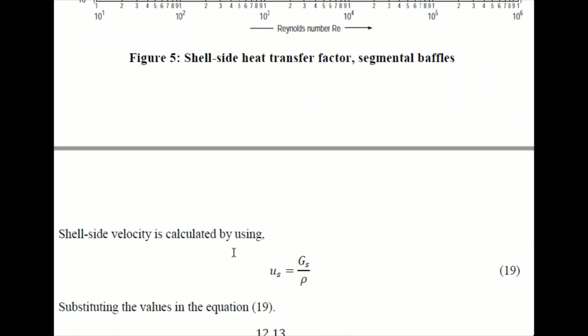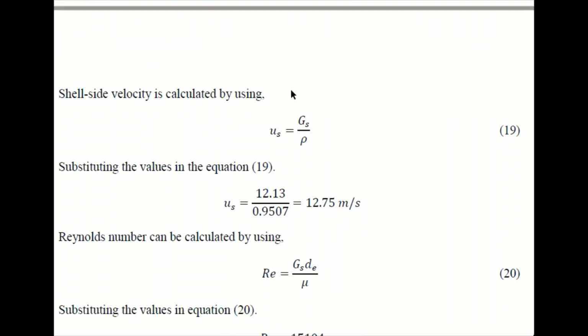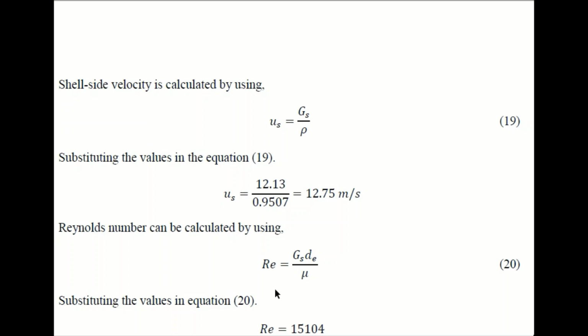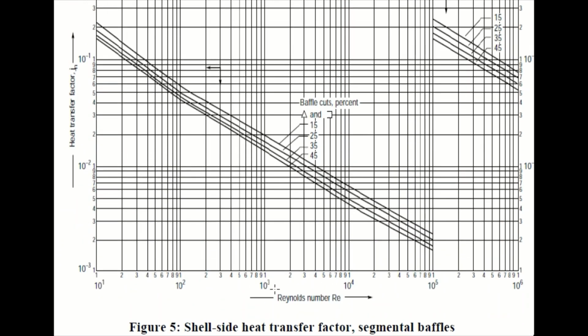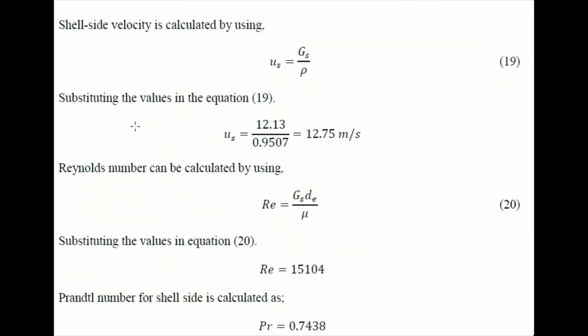Then we need to calculate US velocity, which is shell side velocity, and then Reynolds number and Prandtl number. So after we are done with the Reynolds number, we can calculate the JH value for shell side using the baffle cut, which can be anywhere between 15 to 45. So from there we can determine the JH value.